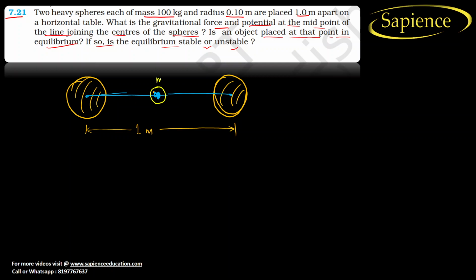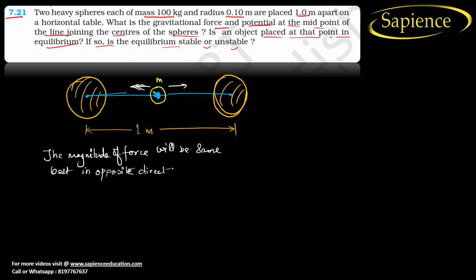If this is a small mass m, what will happen? The sphere on the left side will attract it in this direction, and the force due to the sphere on the right is in the opposite direction. The magnitude of the force will be the same but in opposite direction.